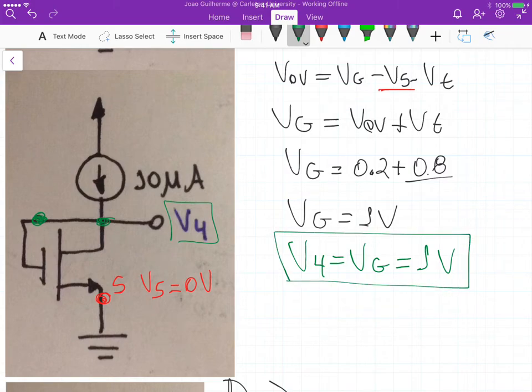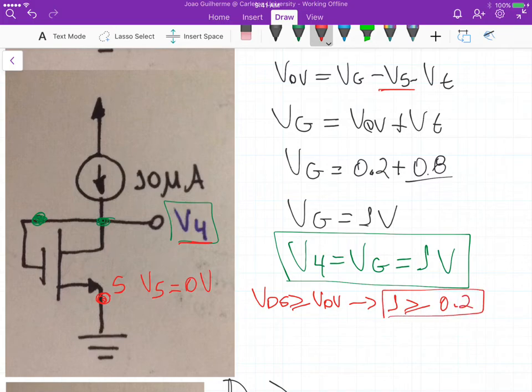Now, because we assumed saturation condition, we have to verify two conditions, right? The first one is that VDS should be greater than the V overdrive, right? So if it's equal or greater than that, it operates in the saturation region. And this gives us VD minus VS, so we know that VD is V4, so 1 is greater or equal to V overdrive, which is 0.2. So this first condition here is satisfied. And the second condition is that VGS should be greater than the threshold voltage.